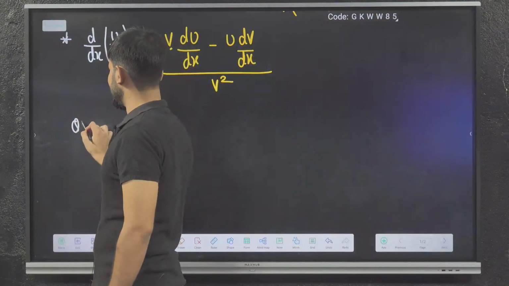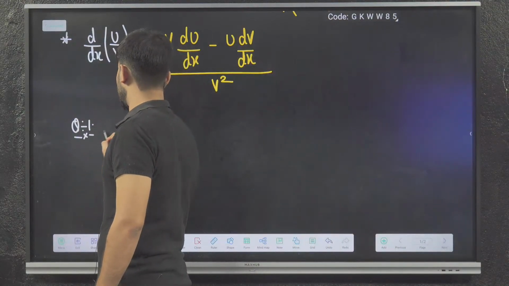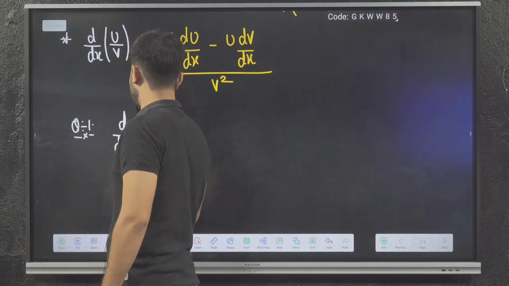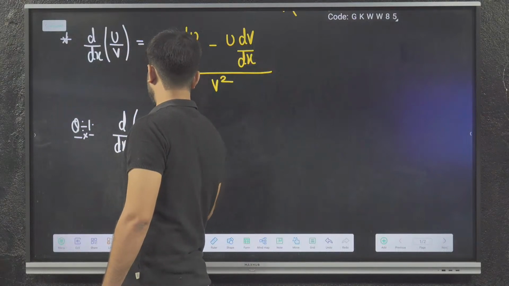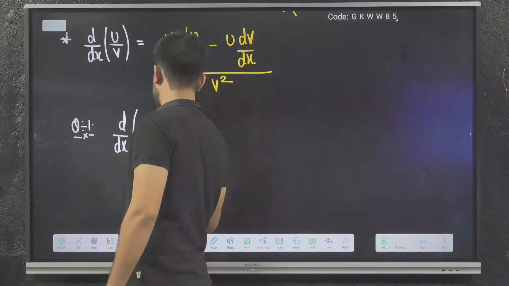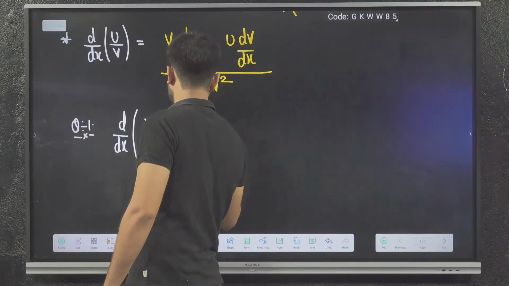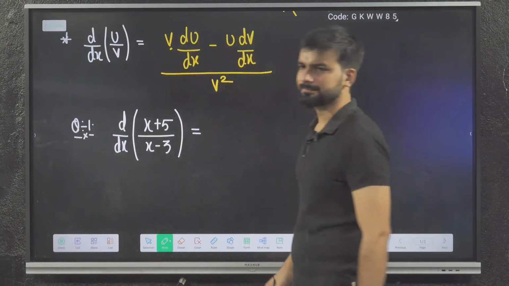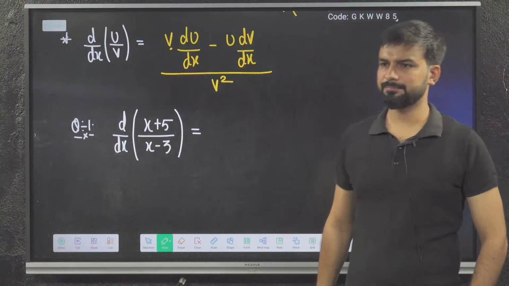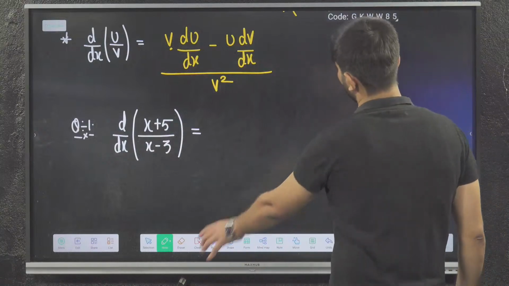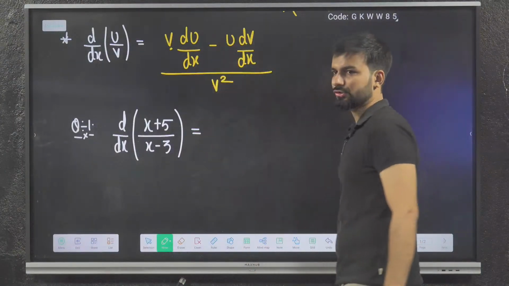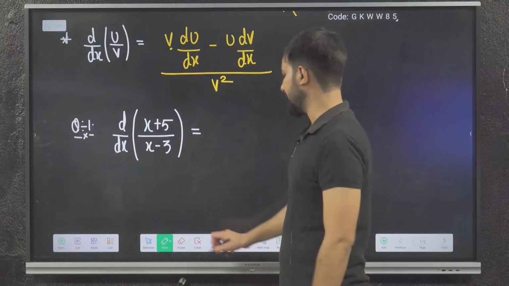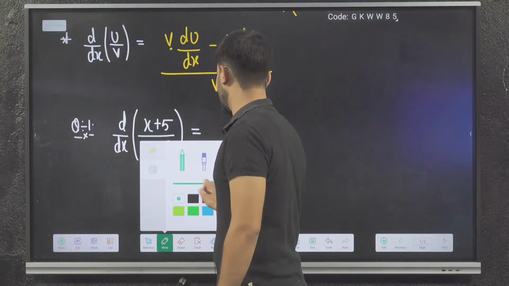Now I will ask a very simple question based on it. Let's see whether you are able to answer or not. d by dx of x plus 5 divided by x minus 3. Everyone, try to use this formula. Assume u and v and try to tell the answer. What will be your u?